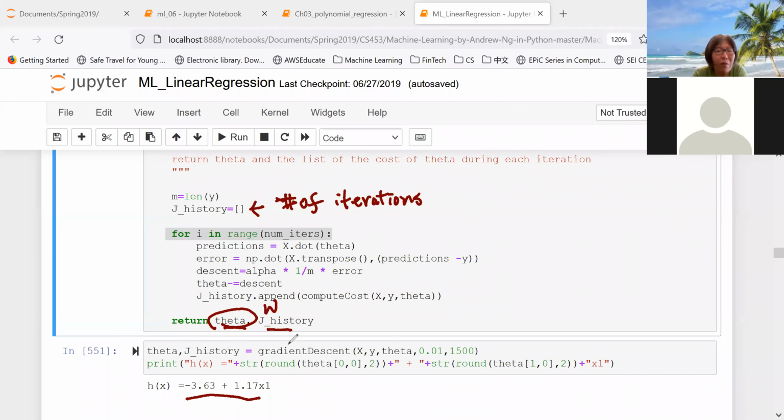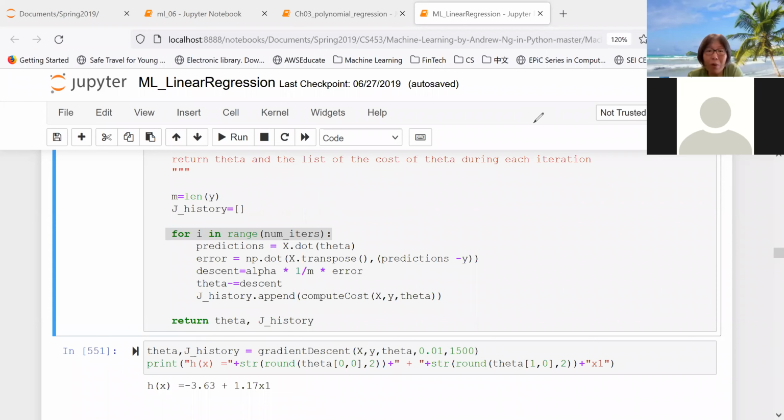So in this case, from this gradient descent, it gives you the history of the cost function for each iteration, and it also gave us the finalized weight, okay. And once you have the weight, then we know the linear hypothesis function. So this is the raw approach.